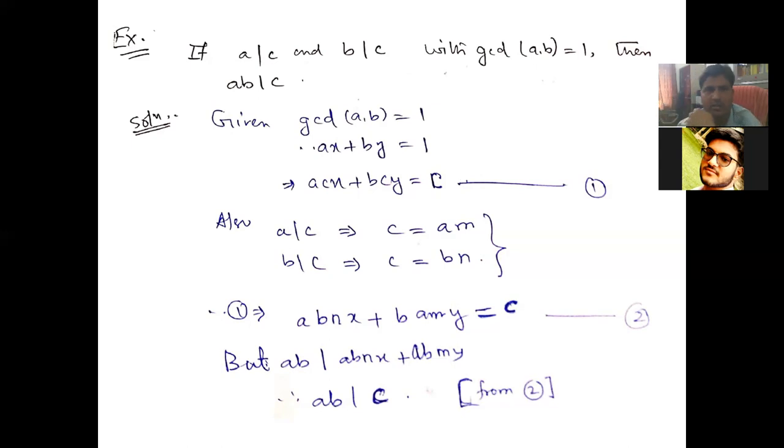So given GCD of A, B equal to 1, this implies 1 can be written as a linear combination of these two, ax plus by, for some x, y in Z. Now multiply by c: acx plus bcy equal to c. Also A divides C is given, so C equal to A into M for some M integer. B divides C is given, that means C can be written as BN for some N integer.